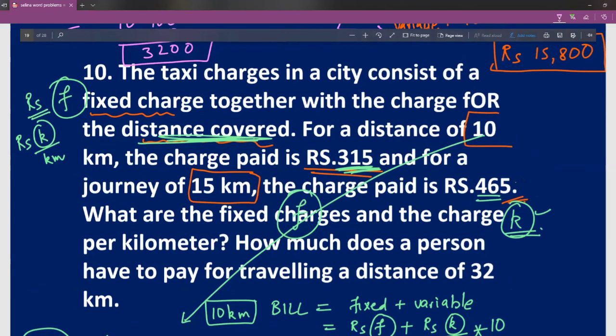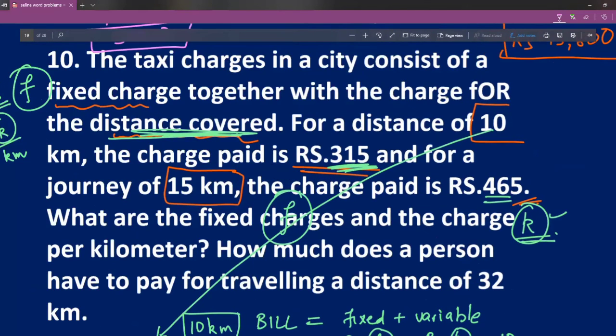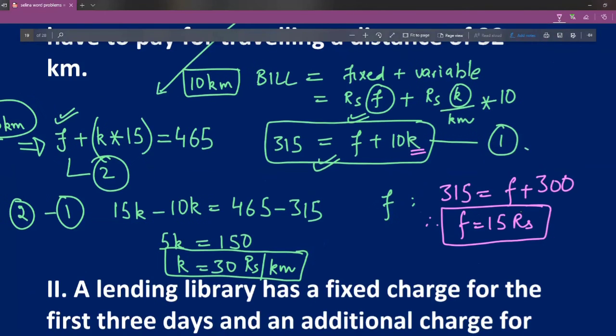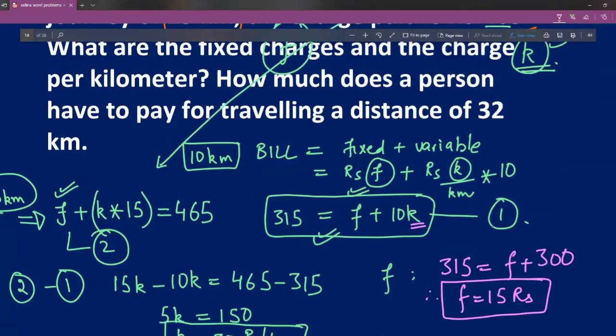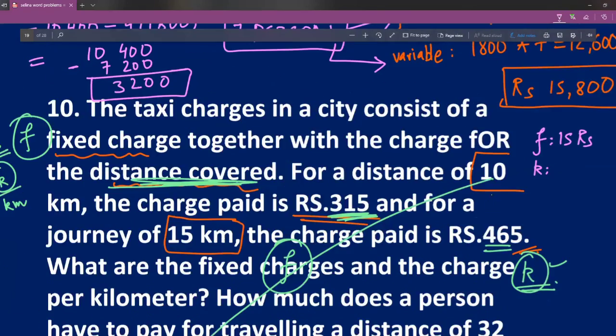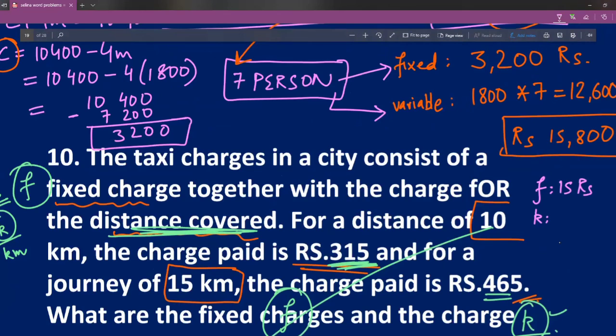Let us relook at the question. The fixed amount that I have got is 15 rupees. The per kilometer amount that I have got is 30 rupees per kilometer.